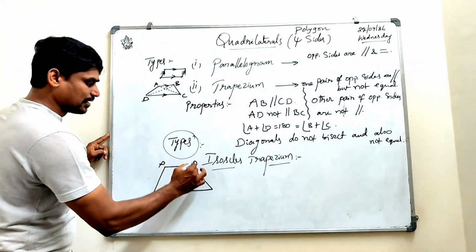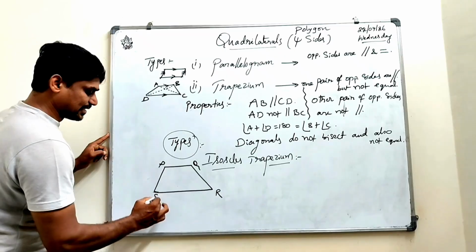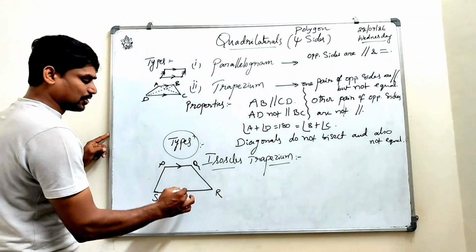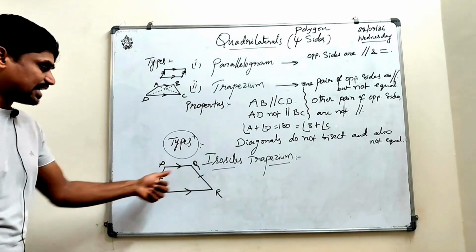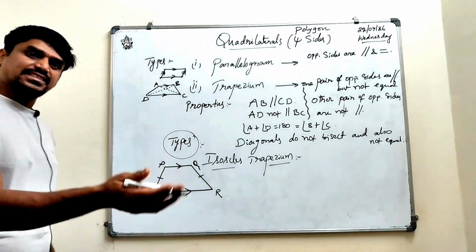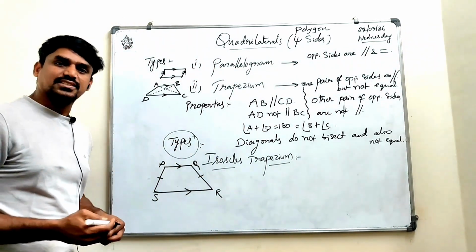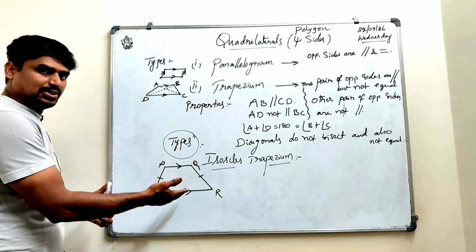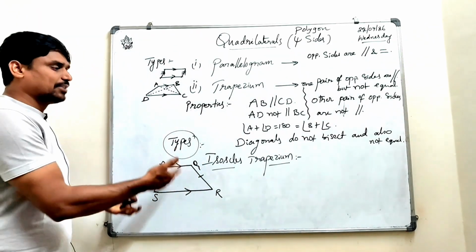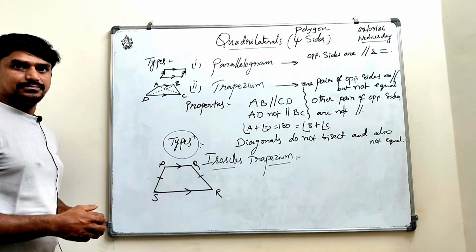Now P, Q, R, S. PQ is parallel to SR and PS is equal to QR. See, two sides are equal. If two sides are equal, then that is called isosceles, no? That's why it is a trapezium with two sides equal. So therefore it is an isosceles trapezium.